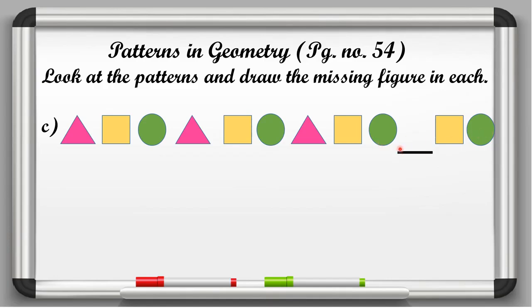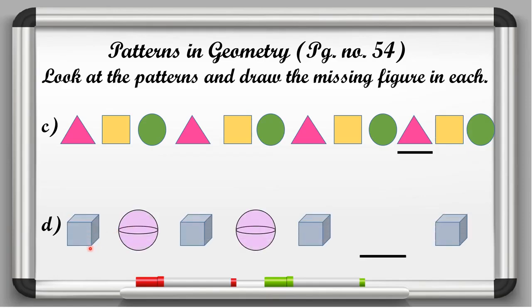So here what is the missing figure? It should be a triangle, okay, like this. Now this pattern is complete, okay? Triangle, square, circle, repeated four times. Understood beta?